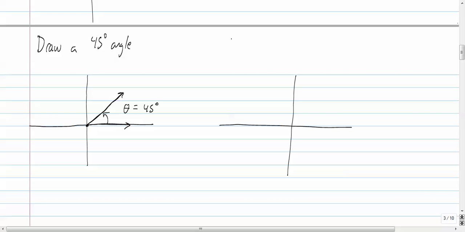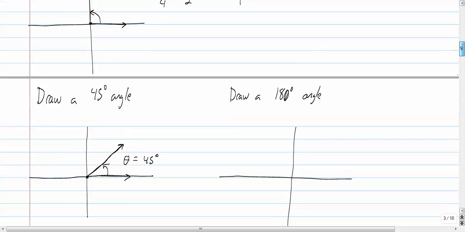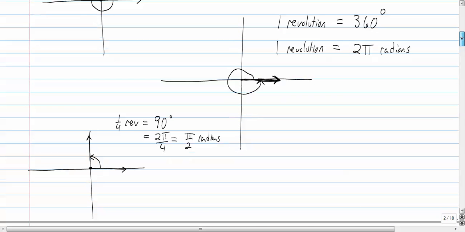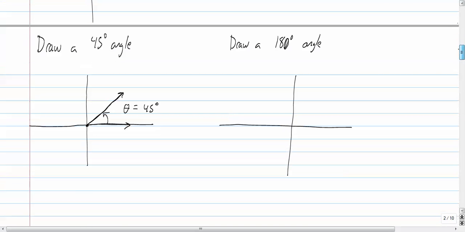Now, what if I wanted to draw a 180-degree angle? So first, let's think about what we know. We know that one revolution is 360 degrees. 180 degrees is half of that, right?